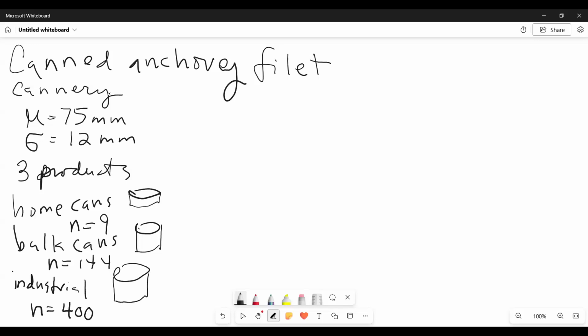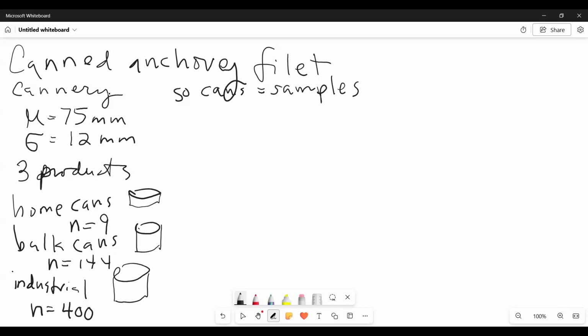Okay, so each can, we can take it kind of as a sample. And the cans have different sample sizes. And so we're going to look and see what our distributions look like based on the different number of samples.